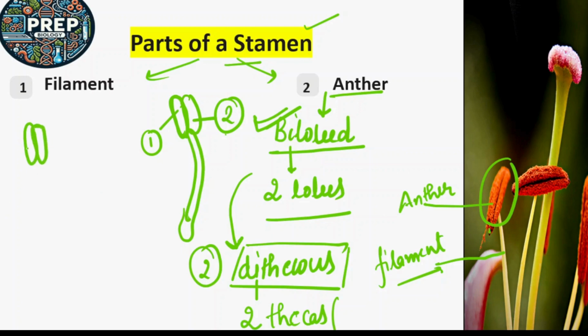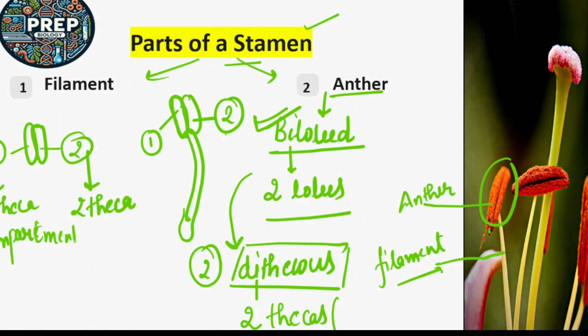One lobe contains two theca and the second lobe also contains two theca. Theca means it has two compartments or chambers inside it.